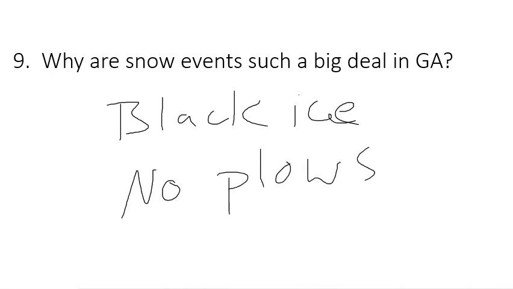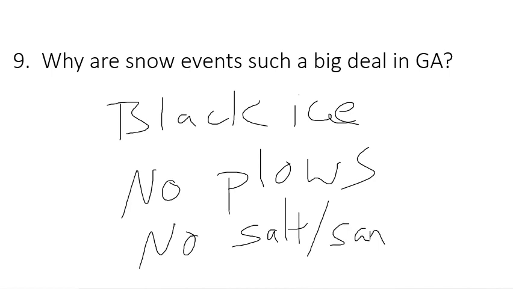We don't have plows. It's not worth the money to buy snowplows for the limited amount of snow that we ever get. We just let it snow, wait a couple days for it to melt, and we get back to normal. We also don't have any salt and sand trucks.